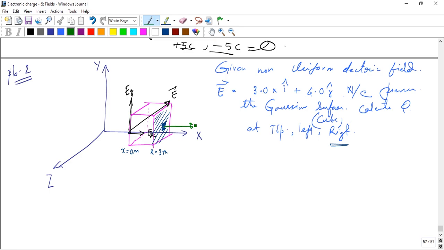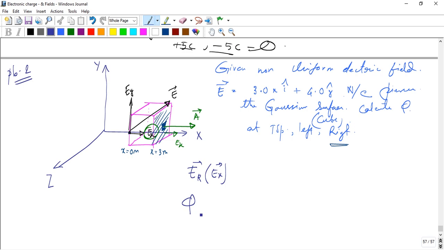The area vector is normal to the surface, and the Ex component is in the same direction. So both are in the same direction.